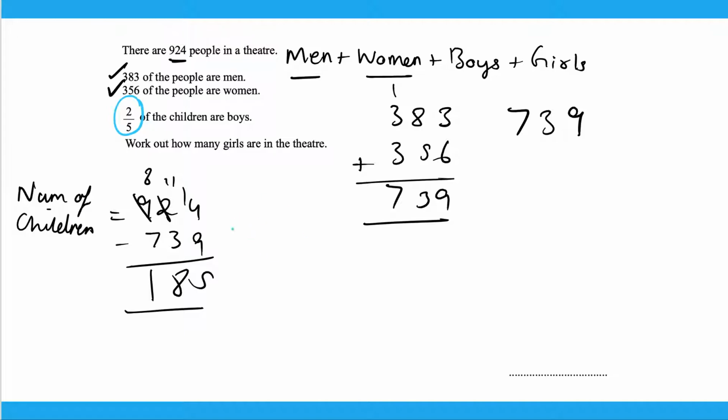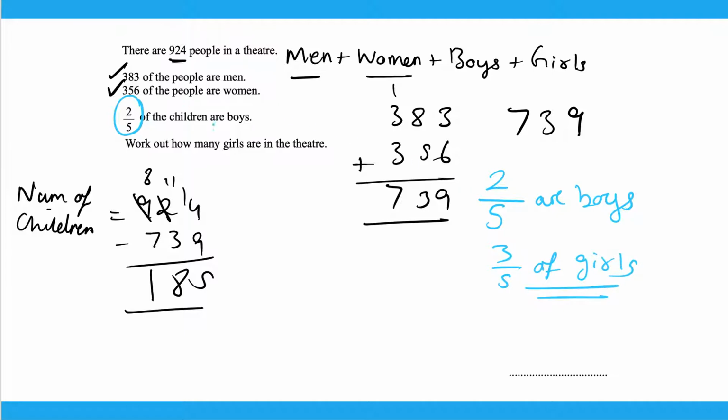Okay, so 2/5 are boys. So if 2 out of a possible 5 are boys, how many are girls? Well, if 2 out of 5 are boys, that leaves 3 out of 5 girls. Okay, so 3/5 are girls, and 3/5 of the total number of children are girls. So now what you would do is you would do 3/5 of the number of children, which is 185.